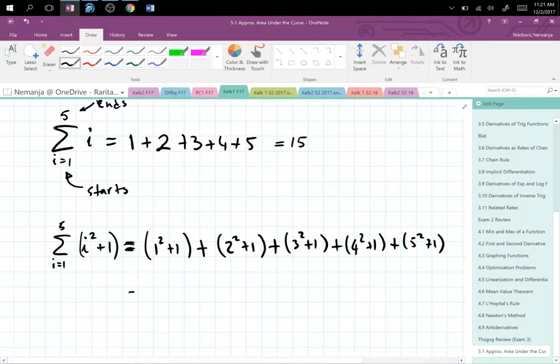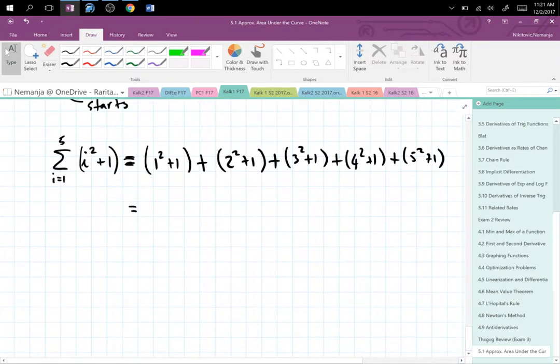And now just go and you compute. 1 squared is 1 plus 1 is 2, plus 5, plus 10, plus 17, plus 26. And then you add them all together. So these are what? 43, 45, 50, 60.